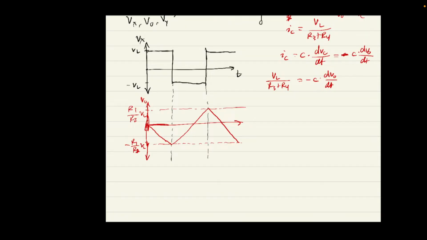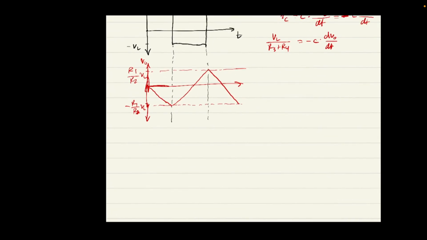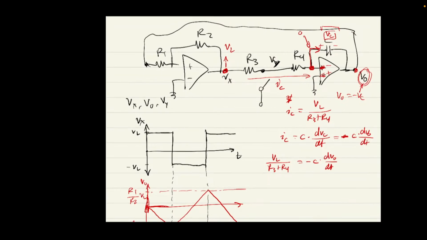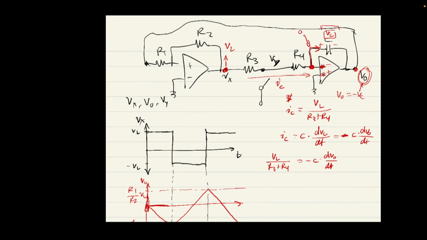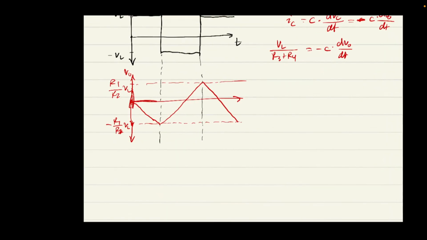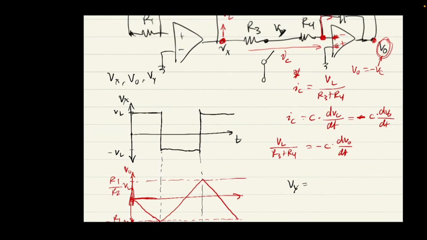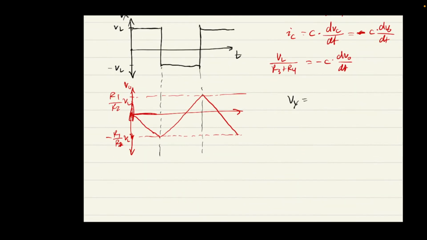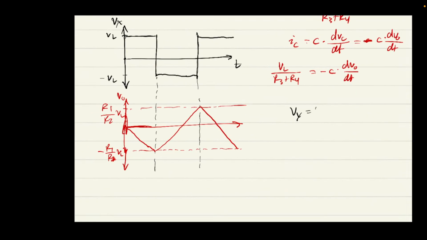What about Vy? Oh yeah, Vy. I'll get to that in a second. Any other questions? Okay, cool. The question also asks us to find Vy. Well, it's quite simple because Vy is just a voltage divider of Vx.